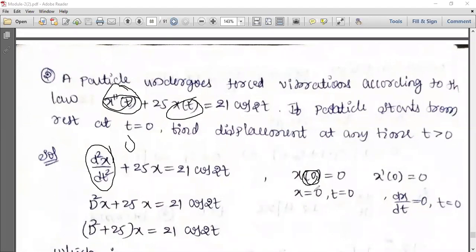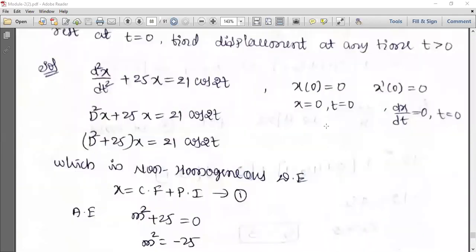Okay. So what I will do is, just a minute. This part we will find later. First, we will get the solution. So the equation is d square x by dt square plus 25x equal to 21 cos of 2t. Here x is common.